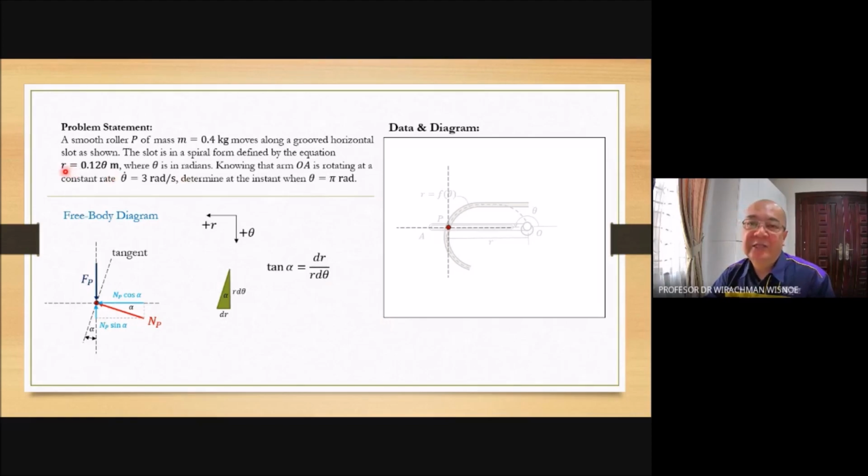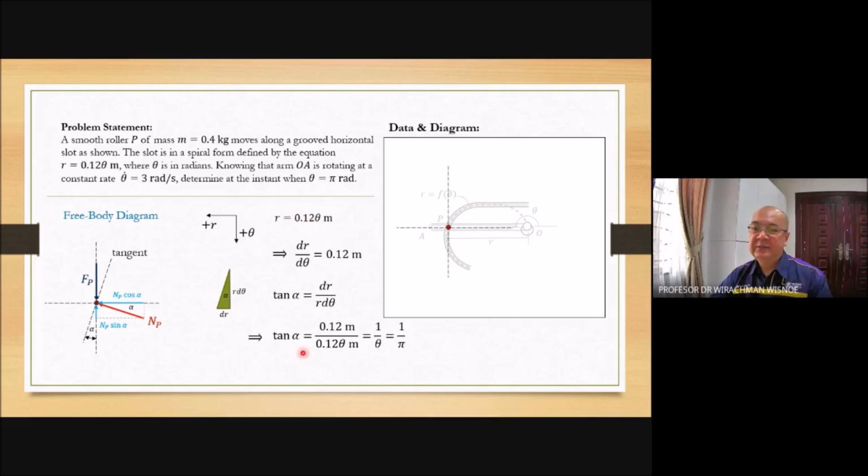You have the expression of r. Differentiate this equation with respect to theta. So you are going to replace dr over d theta with this one, and then you replace r with this one. So you have tangent alpha equal to 1 over pi. We have the value of angle alpha, 17.66 degrees.